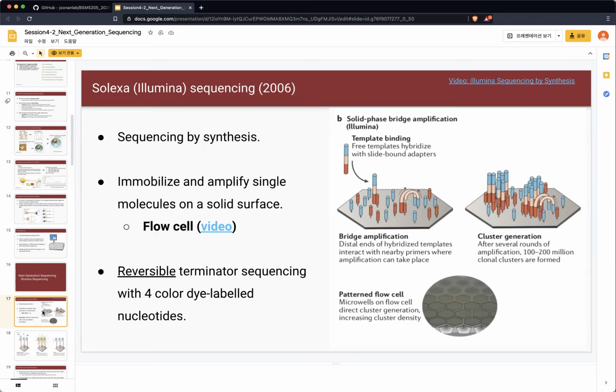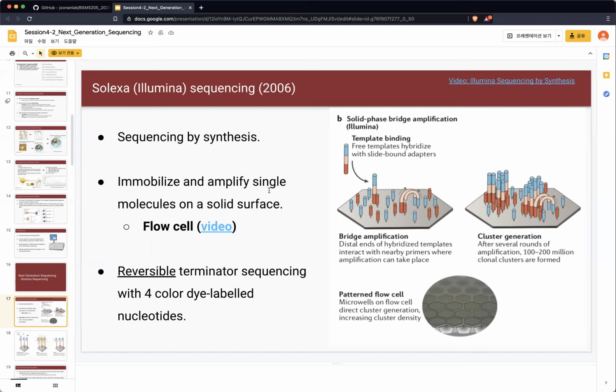This machine is also based on the method of sequencing by synthesis, so it adds nucleotides to templates and builds up the sequence to make the entire sequence information for the read. Another feature is that it immobilizes and amplifies single molecules on a single surface.